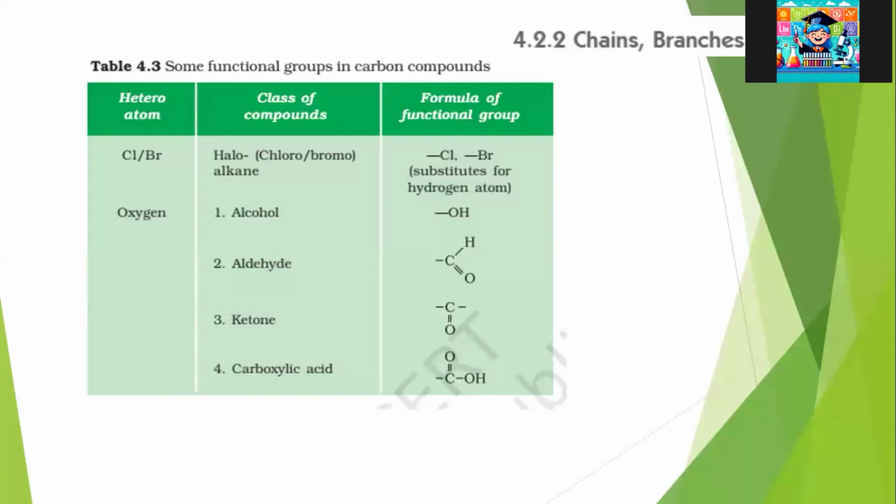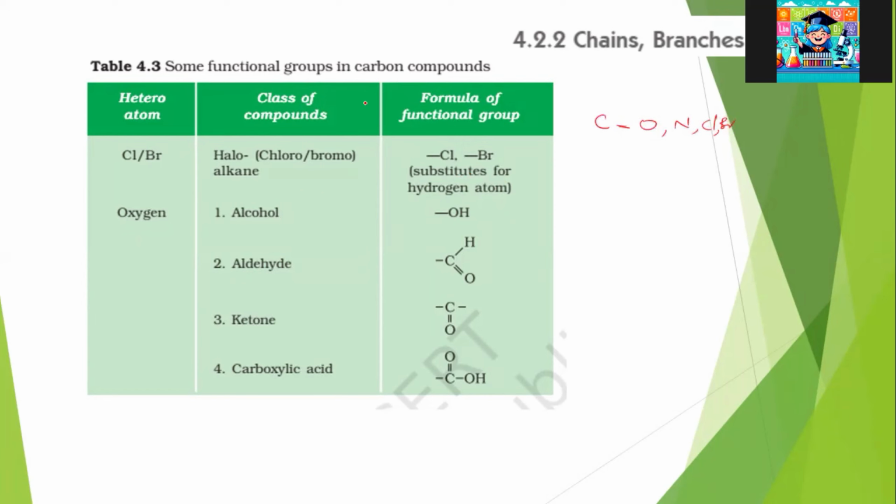Another property of carbon is that other than carbon itself, it can bond with other heteroatoms, other elements like oxygen, nitrogen, and halogens like chlorine, bromine, etc. The association of carbon with these heteroatoms will generate other classes of compounds, which will have their own names.